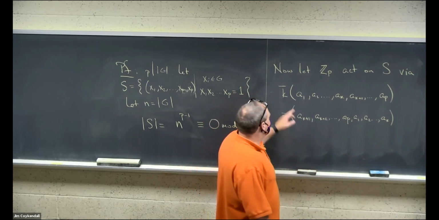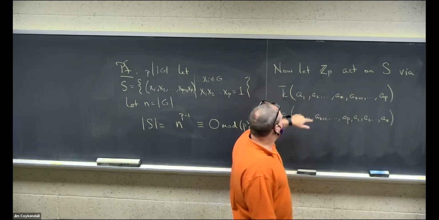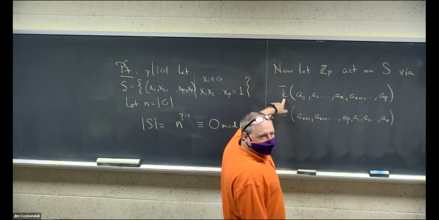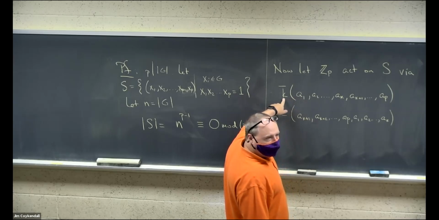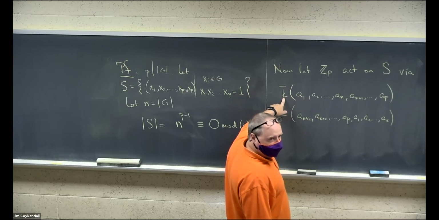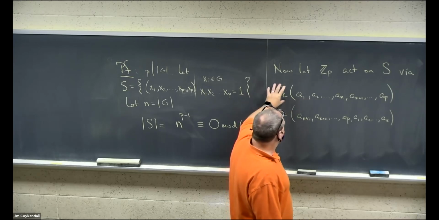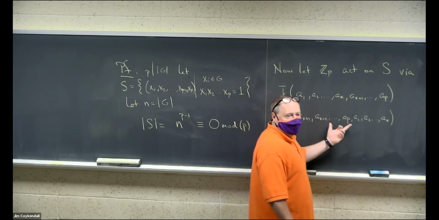Notice this is well defined because this cycle is of length p and this is p. For example, if you have two representatives in the same equivalence class of Z_p, if k bar equals k prime bar, that means the difference between k and k prime is a multiple of p, which means when you shift by k prime and by k, it's just a multiple of p and you do the same thing.